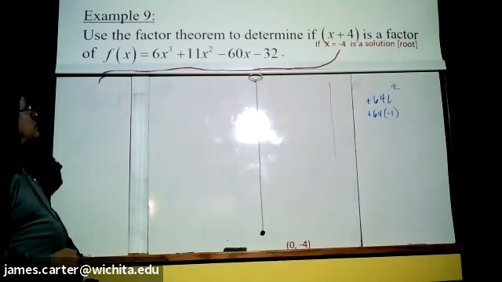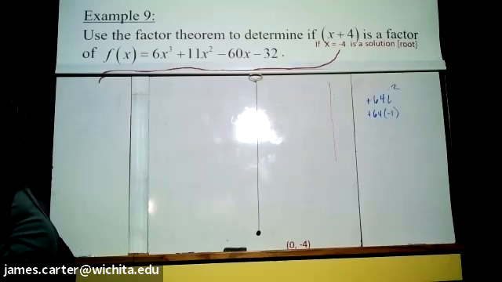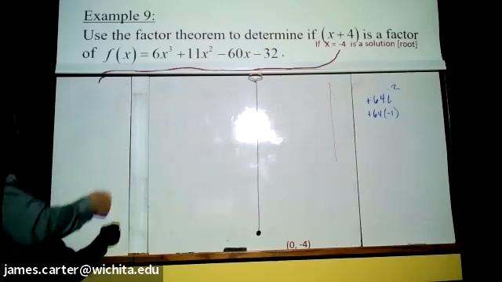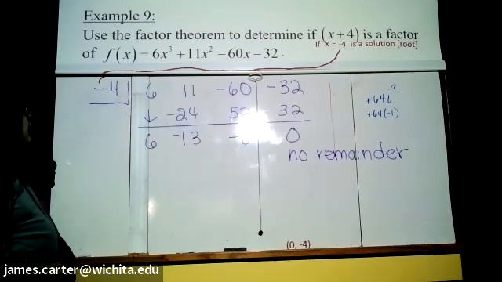Let's go into this and see. We're testing to see if x plus 4 is a factor or x equals -4 is a solution of this problem. Okay, so we're going to divide by the -4. Here are our values, and we get no remainder.